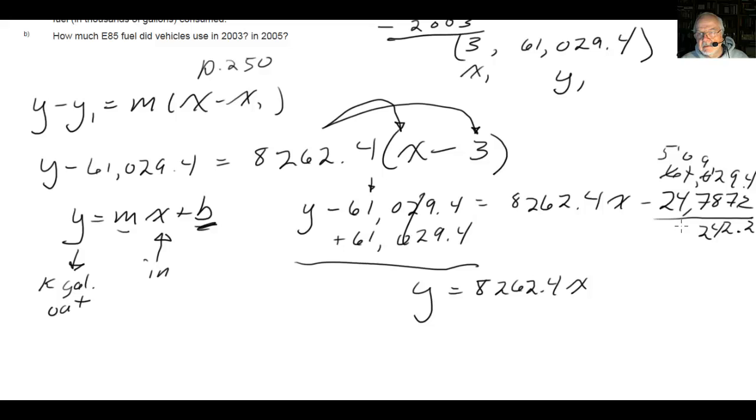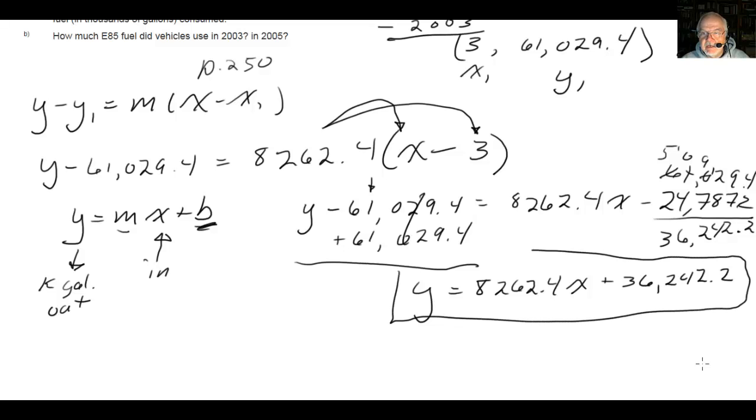Borrow the 1, and that's going to be 6. 4, that's 6, and 2, that's 3. I think I did that right. And that's a plus, so that's 36,242.2.